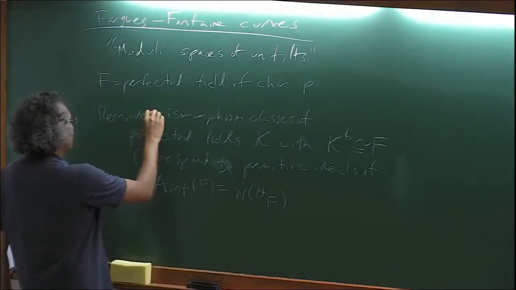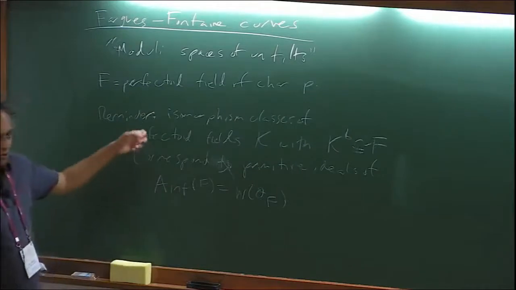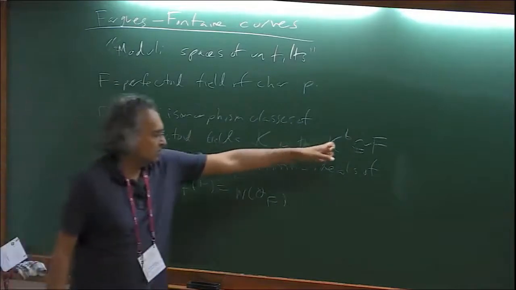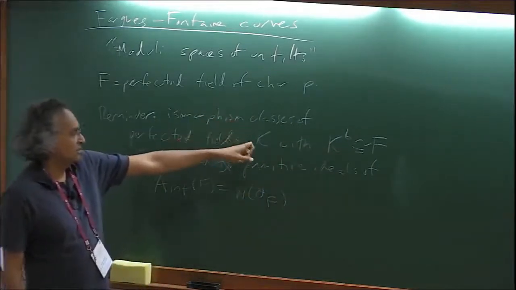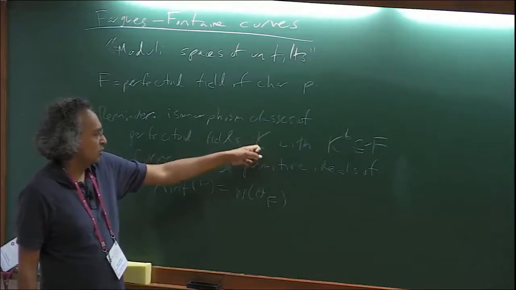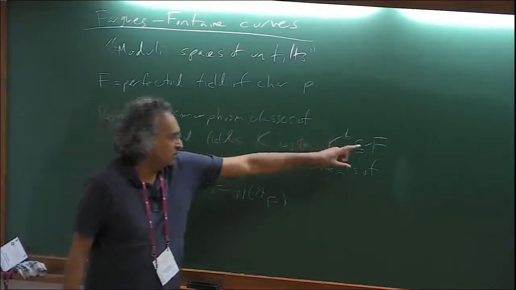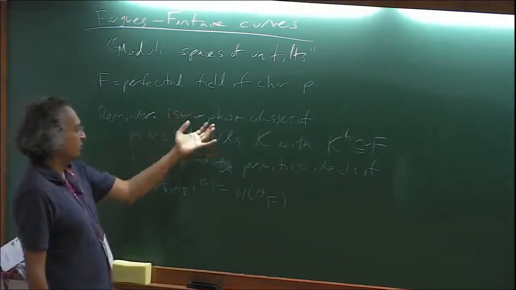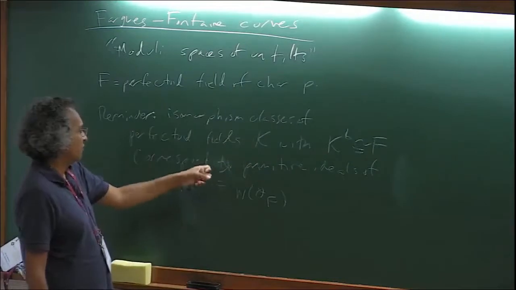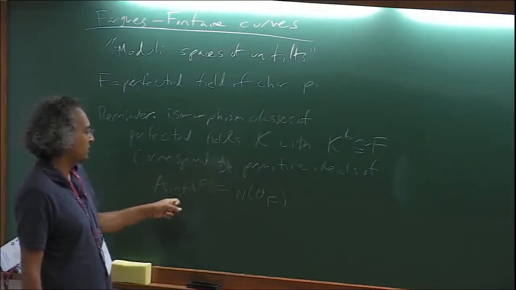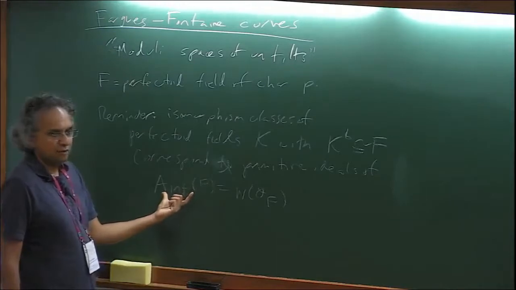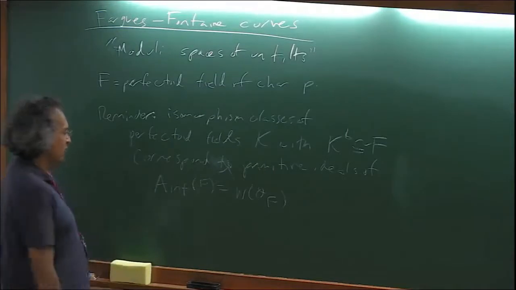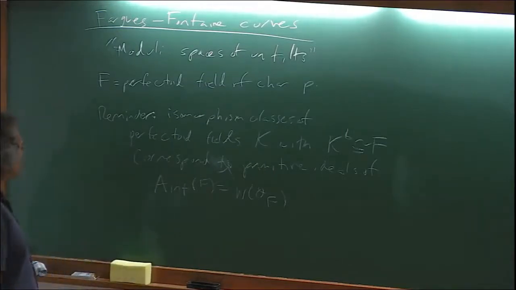So this was something that we learned in the first two lectures: the isomorphism classes of perfectoid fields that tilt to F, where by isomorphism I mean that if you have two of these things, then an isomorphism between them should commute with these isomorphisms, are in one-to-one correspondence with primitive ideals of the ring A-inf of F. And remember, a primitive ideal meant that it was a principal ideal, and the generator had this special property about its first two Witt components.